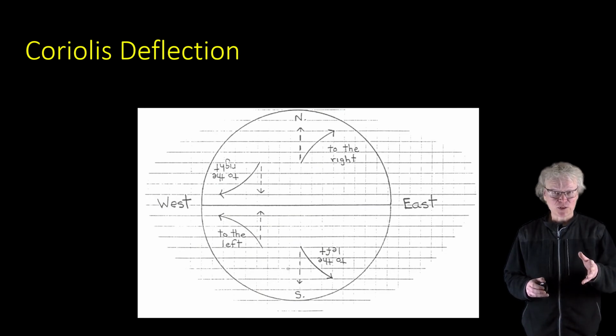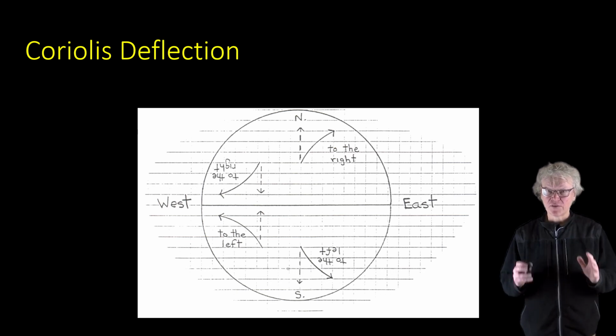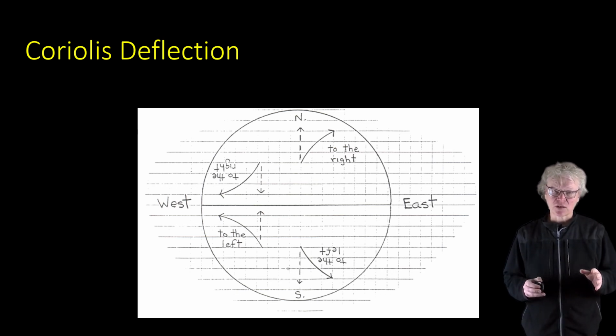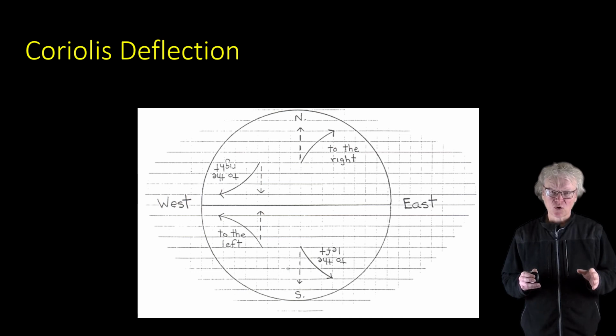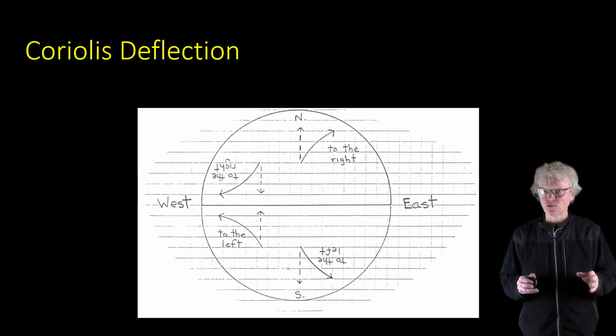Okay, so putting it very simply, have a look at this diagram, which is very, very old. I've been using this for many years. But very simply, the Coriolis force causes air to deflect to the right in the northern hemisphere and to the left in the southern hemisphere.